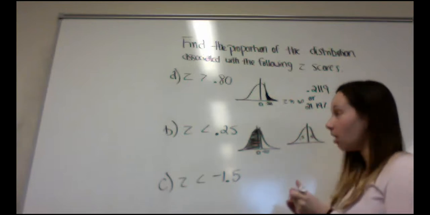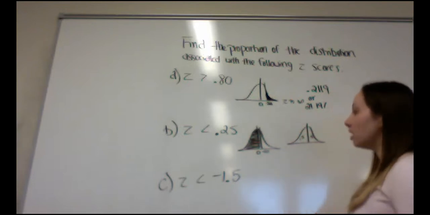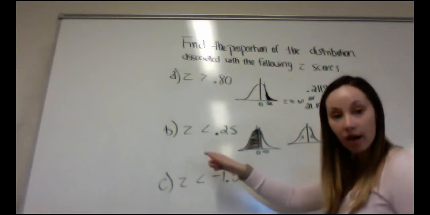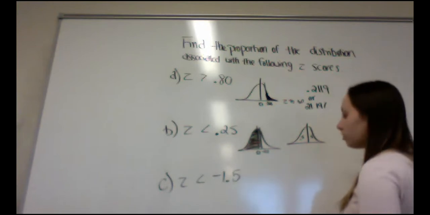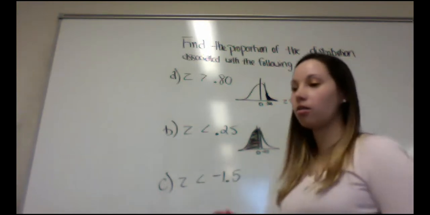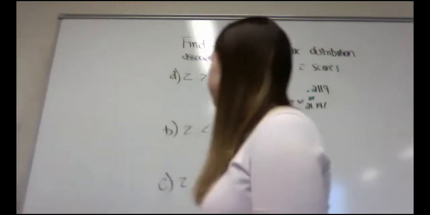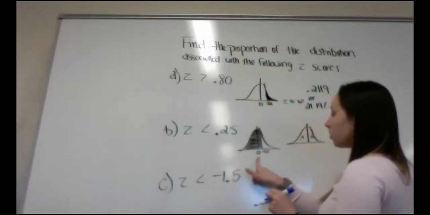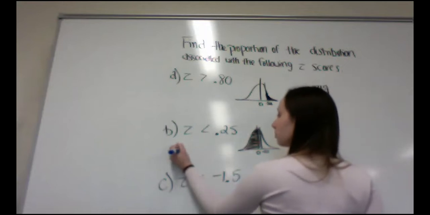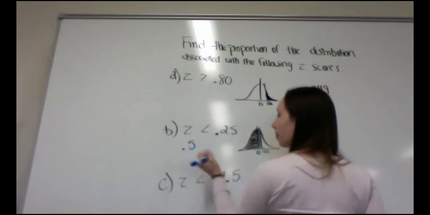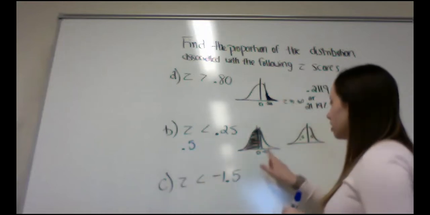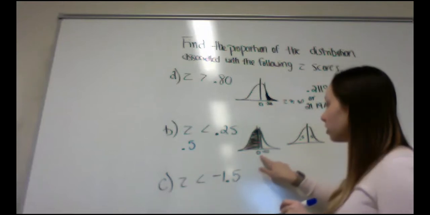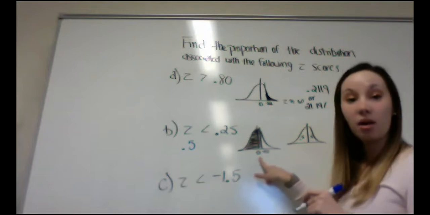So the first way that you can find this is by saying, well, from 0 on the left side is 0.5. So that's part of our answer. That gives us from 0 over 0.5. Now we want to find the little bit of the distribution that is from 0.25 to 0. And it's not very much.